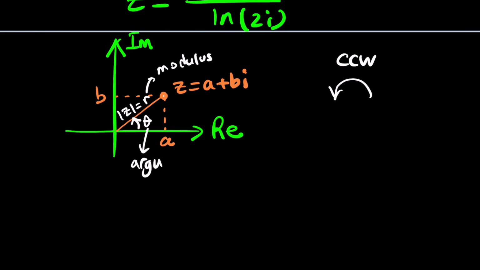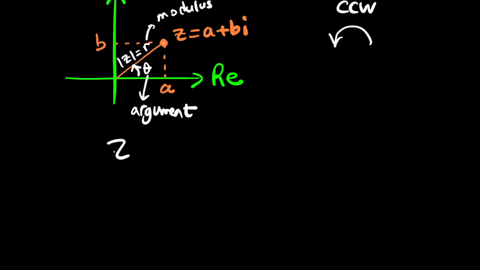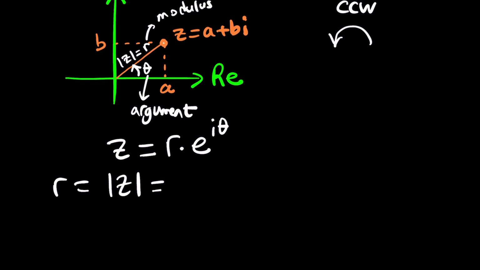You can also abbreviate it with arg. For modulus, I don't think there's a shorter form, but here's what this turns out to be. z can be written as r times e to the power i theta. Of course, r can be replaced with the absolute value of z. And to find the absolute value of z, which is r, you can just write it as the square root of a squared plus b squared. This is from the Pythagorean theorem.